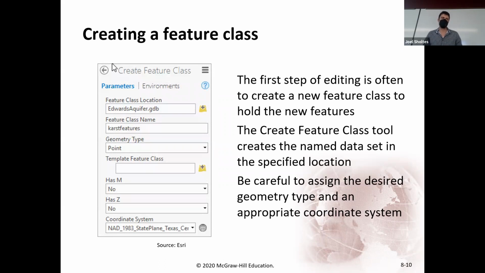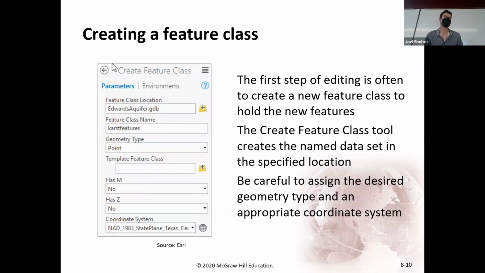Now, we've been talking about editing, and the first thing we'll do is edit an existing shapefile. So we'll bring it in, do an editing session, and move stuff around. You can also create a new feature class or shapefile. The way to do that is going into catalog and right-clicking on the geodatabase or just the folder and choosing create shapefile. You give it a name. You can say it's going to be a point, a polyline, a polygon, and of course there are other types.